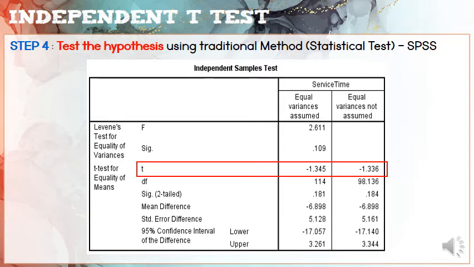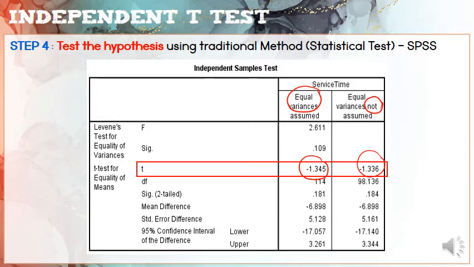So here, t is equivalent to negative 1.345 or t is equivalent to negative 1.339. Kenapa kita ada 2 different values? It depends whether equal variance is assumed or equal variance is not assumed. So depending on your Levene test punya result, then you akan dapat value yang berbeza.